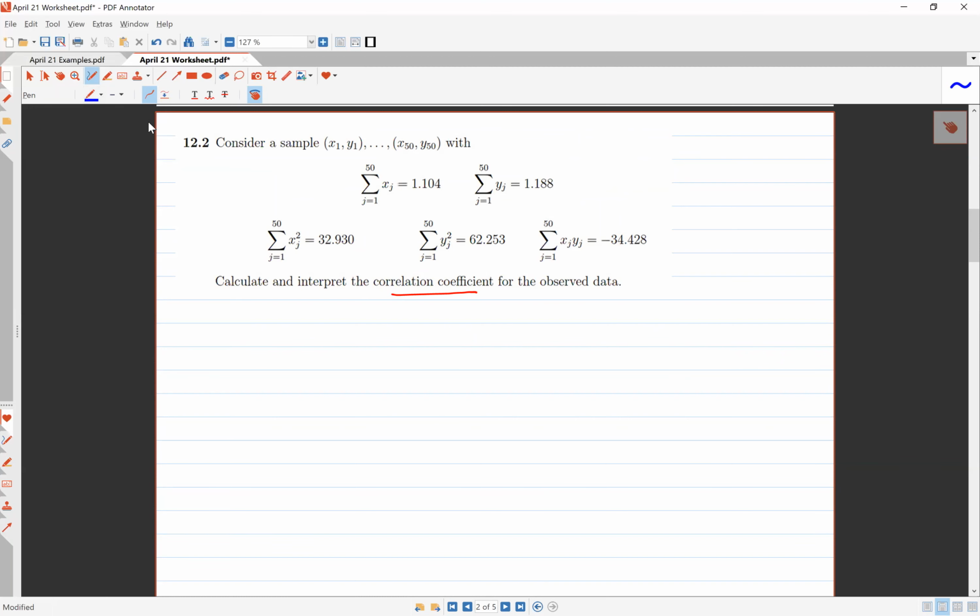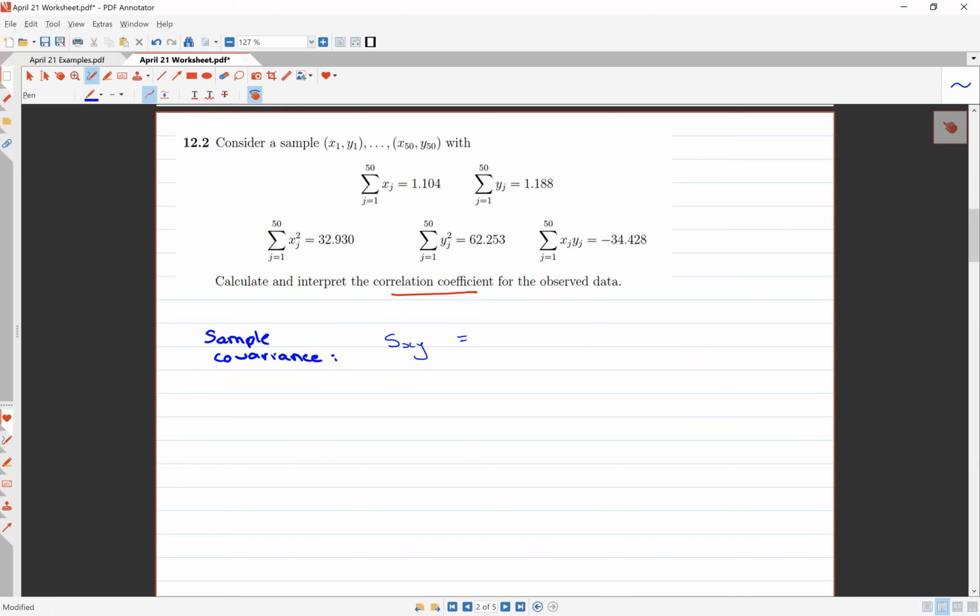And the first step in that is going to be calculating the sample covariance. Sample covariance, we denote S subscript XY for the two variables.